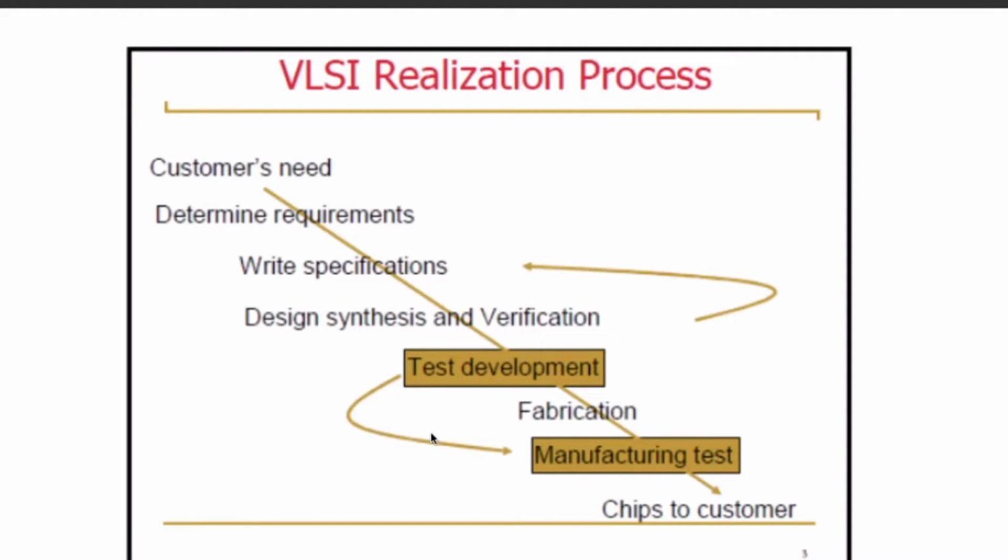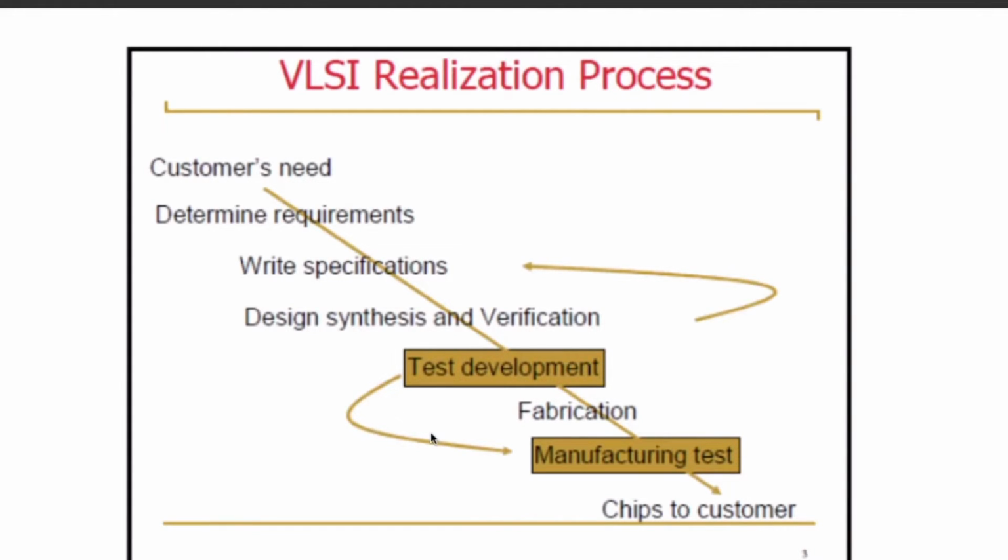After writing this specification, using EDA tools, electronic design automation tools, we synthesize the design and verify the various implementations of the design, and then we do the test development process.